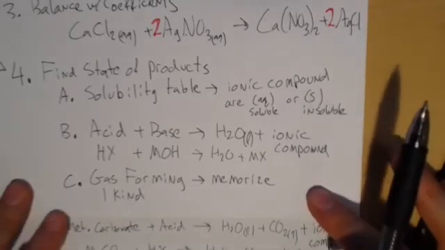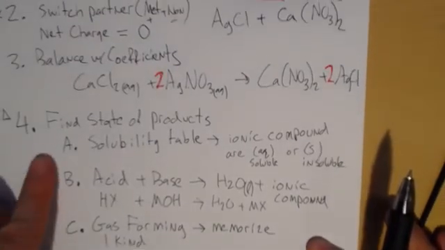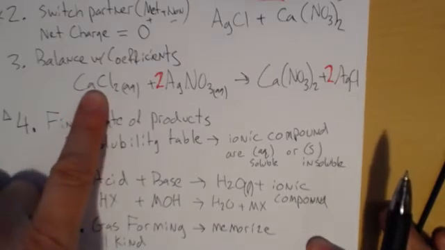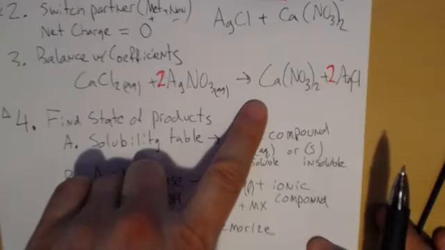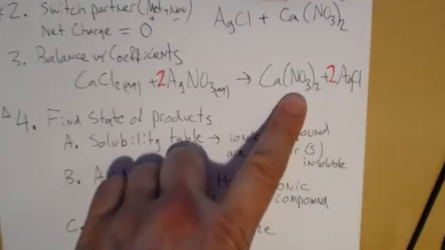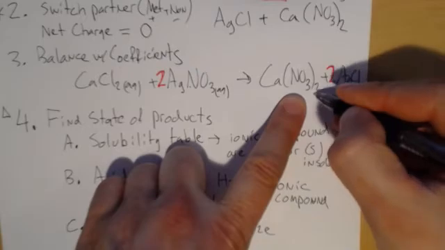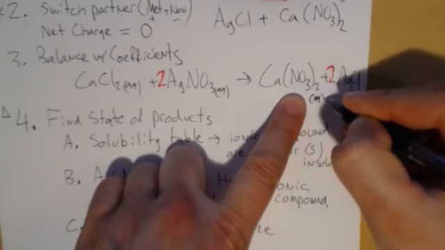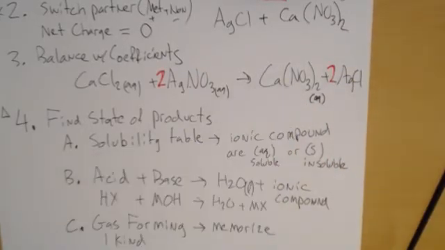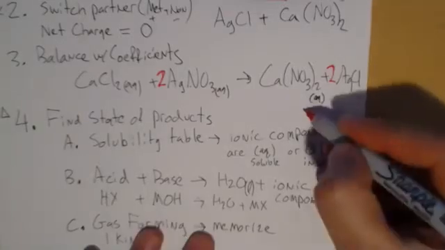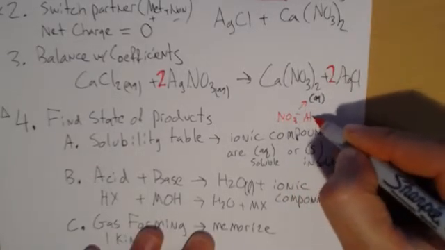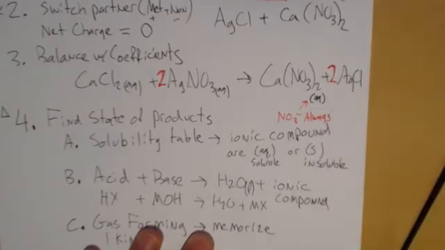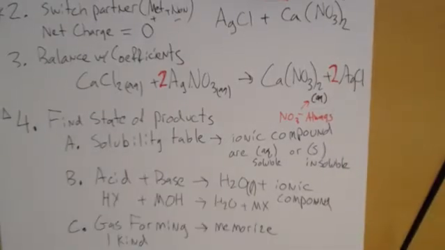So let's actually look at this one here, the one I chose. Calcium chloride was aqueous, the reactants were aqueous. What about calcium nitrate? That one is going to be aqueous. So I could remind myself that that's because NO3 minus is always soluble, right? And that comes from the table. You can look on the table.